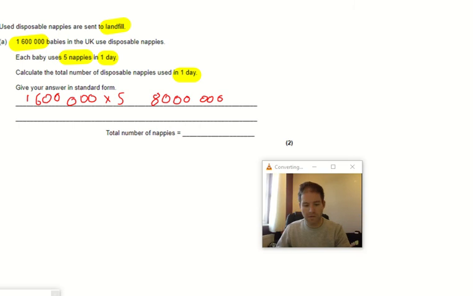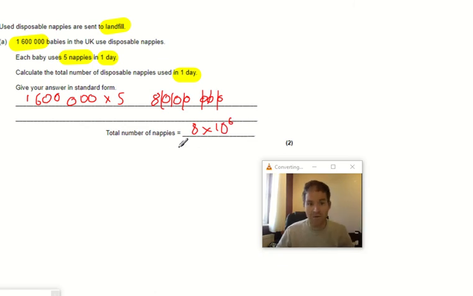Okay, so that takes 8 million. And then what we need to do, we need to turn that into standard form. So remember, we've got 1, 2, 3, 4, 5, 6. So it's 8 times 10 to the power of 6.